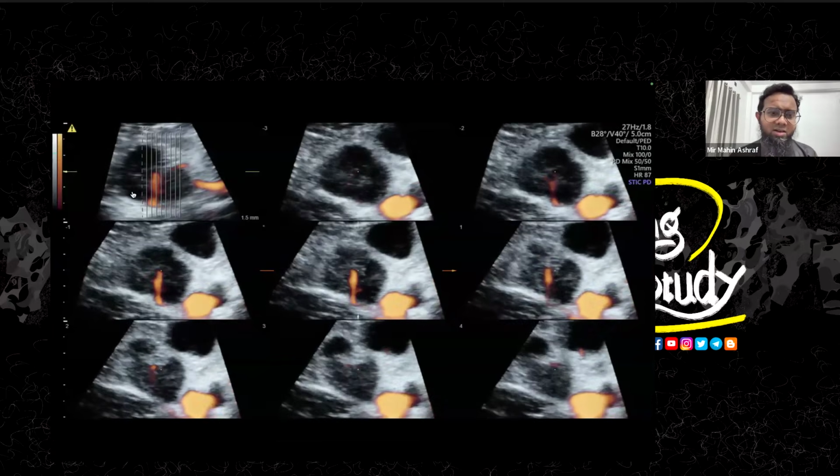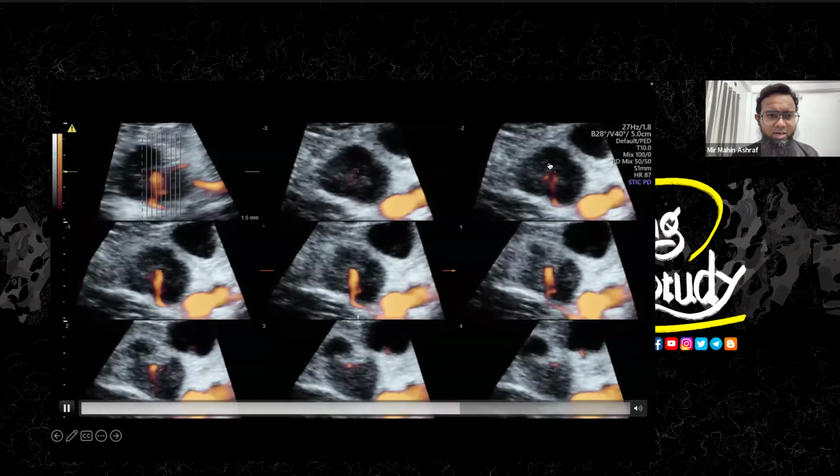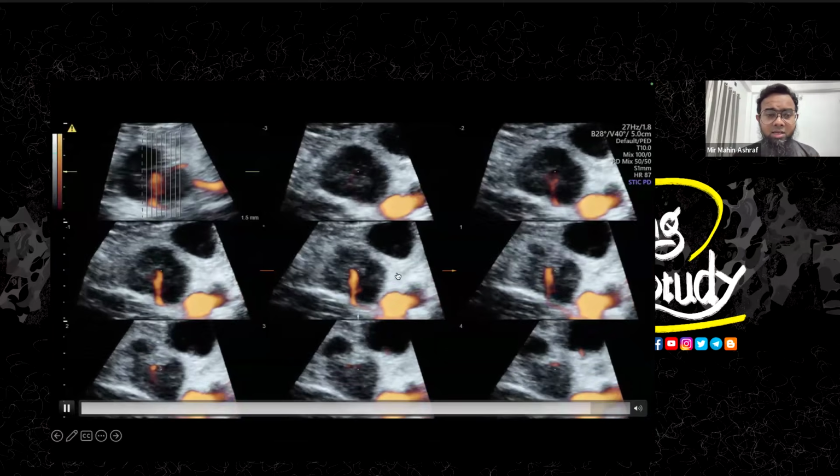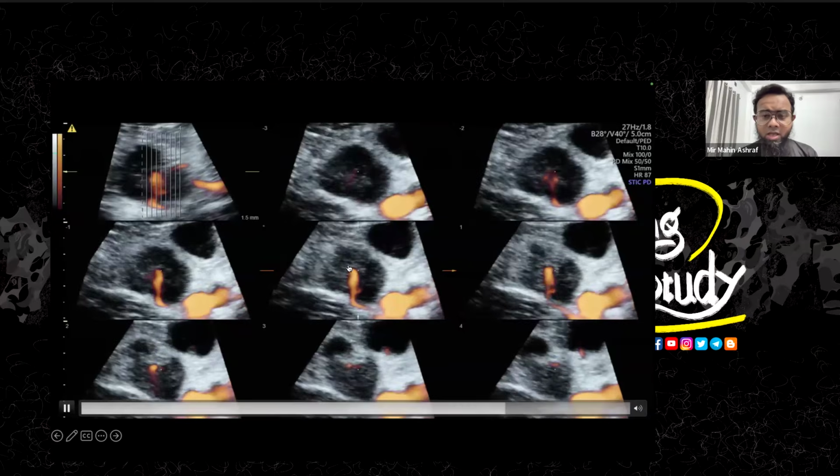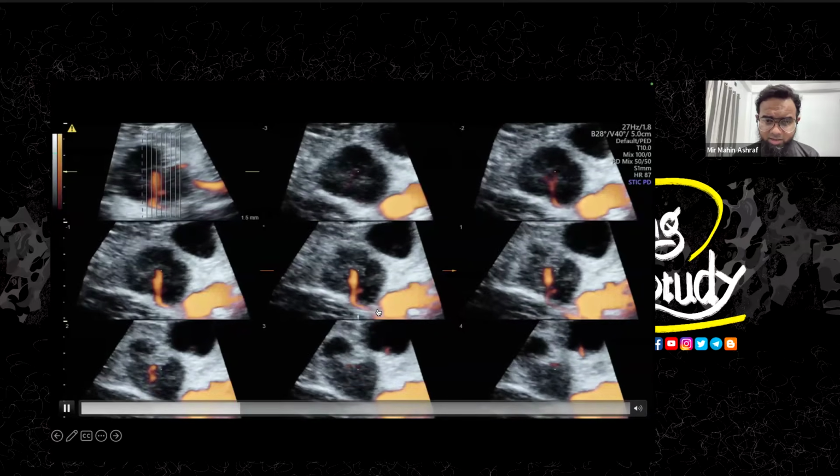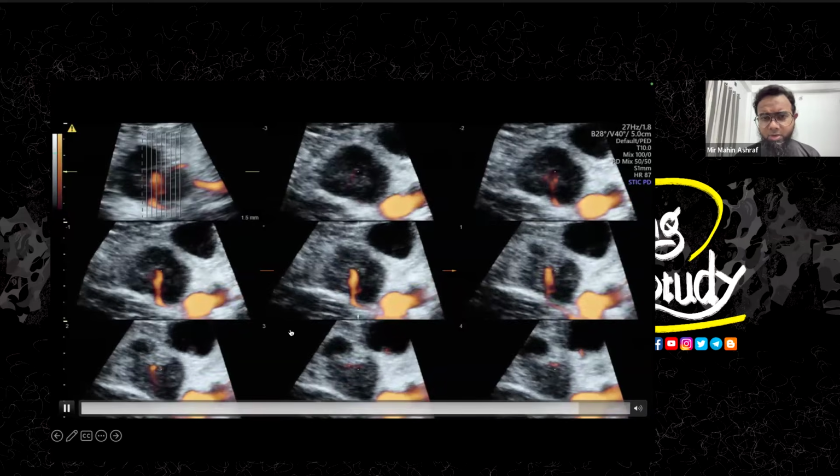So we are putting Doppler and we're taking multiple sections, and you can see this lymph node of a critical patient. I think from the lymphangitis or lymphoma, I have forgotten. So this patient is having the hilar arterial flow from here, and it can be demonstrated here on 3D with Doppler.